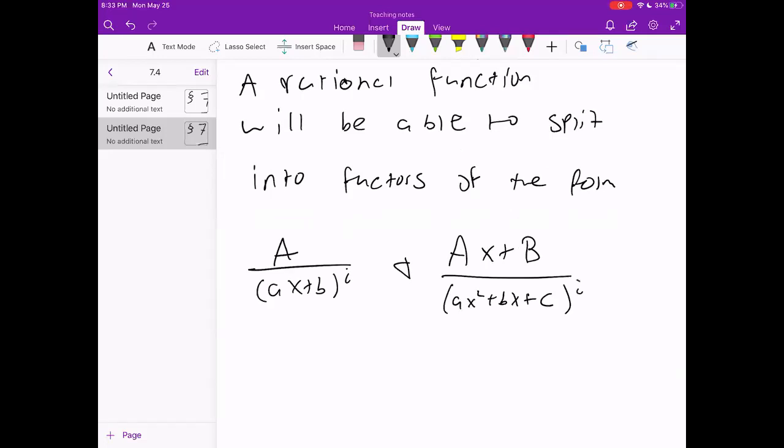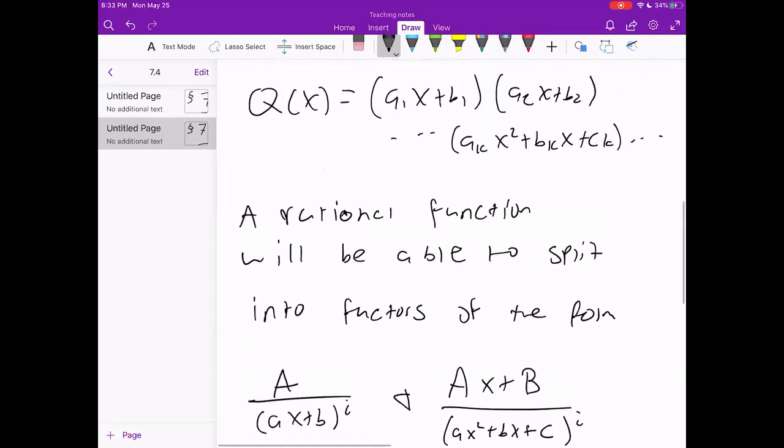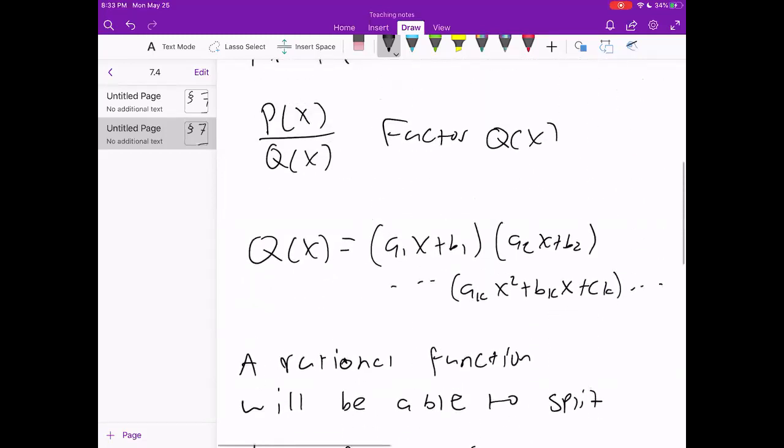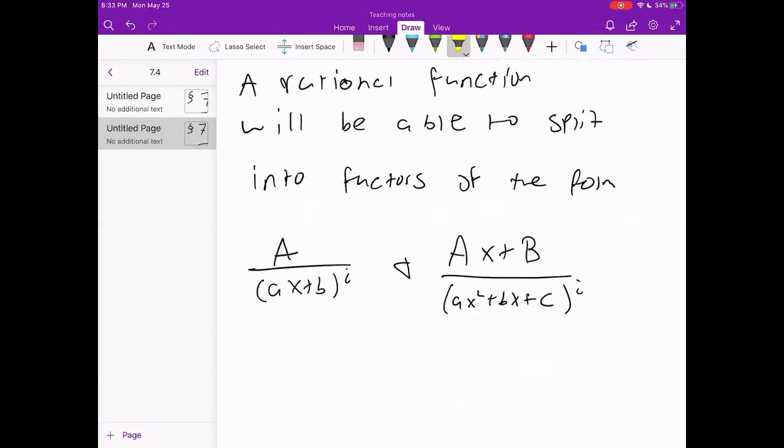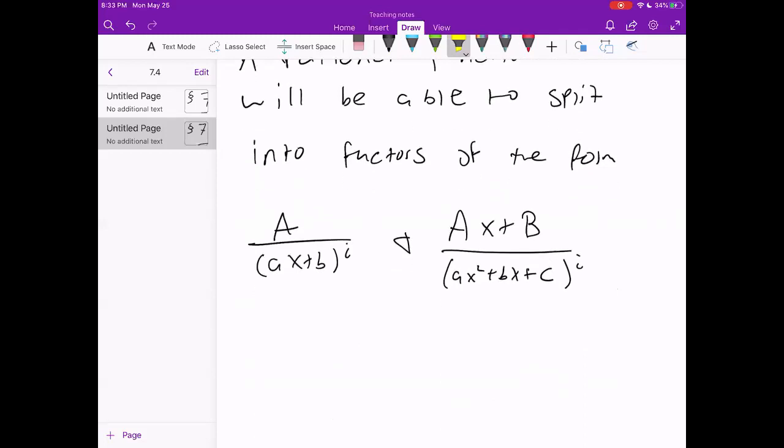So what this is saying is, if I have a rational function, which is p of x divided by q of x, a polynomial divided by another polynomial, and again, the degree of the numerator is less than the degree of the denominator, I'm going to be able to split it up into things that look like this.